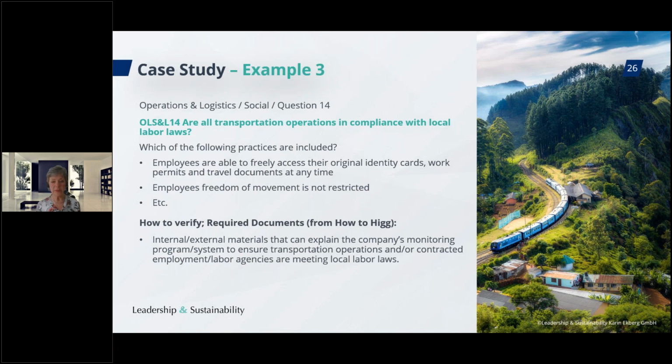Internal, external materials that you can explain the company's monitoring program or system to ensure transportation operations and or contracted employment labor agencies are meeting local labor laws. So you need to have some monitoring system in place in order to do this. It's quite challenging. And then you should also identify the individuals responsible for ensuring all transportation operations do comply with local labor laws.